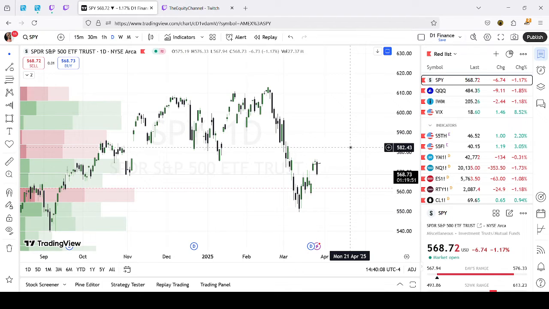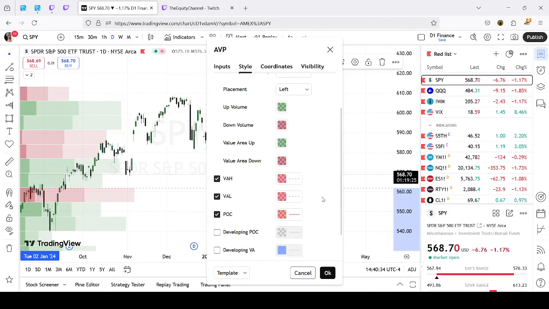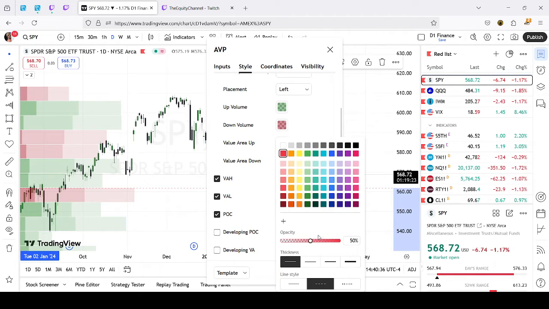Now, traders should give their value area high and low special characteristics, in my opinion, so that they can easily be identified and differentiated from the other things they have on their chart. Because if you're like me, I'm going to have Fibonaccis on my chart. We'll talk a little bit about that in a second. For the value area high and low, here's what I did. I used dashed red lines.